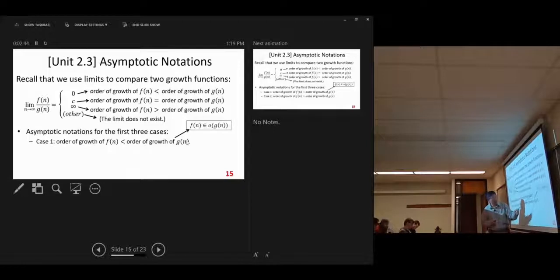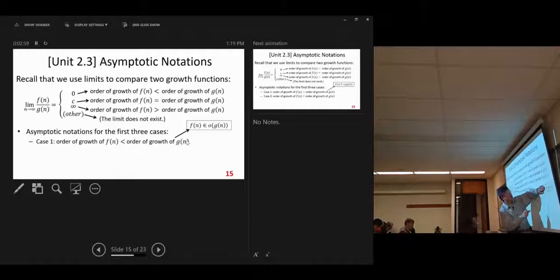Short form: f belongs to little o of g of n. Little o. This is asymptotic notation. This notation means a set of functions. All the functions in this set have this property: order of growth less than that of g. So we put all those functions in one set, so f is an element of that set. That's the meaning.